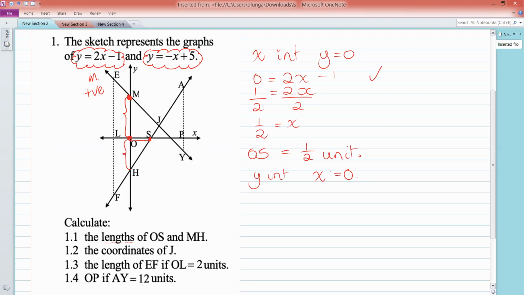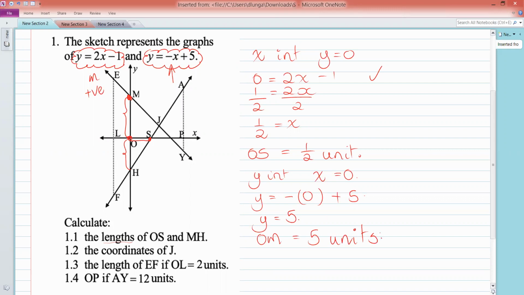Why? Because we have a downward sloping graph, so we have to look at the one with the negative gradient. So we make x equal to 0. y equals negative, where you see x, you plug in your 0, plus 5. 0 multiplied by a negative number is just 0. So y here is equal to 5. So the distance from O to M is actually 5 units.